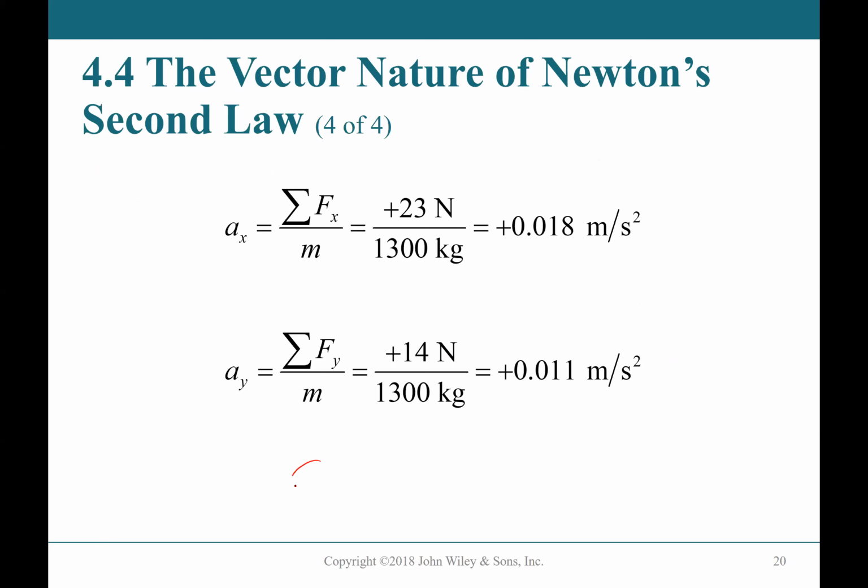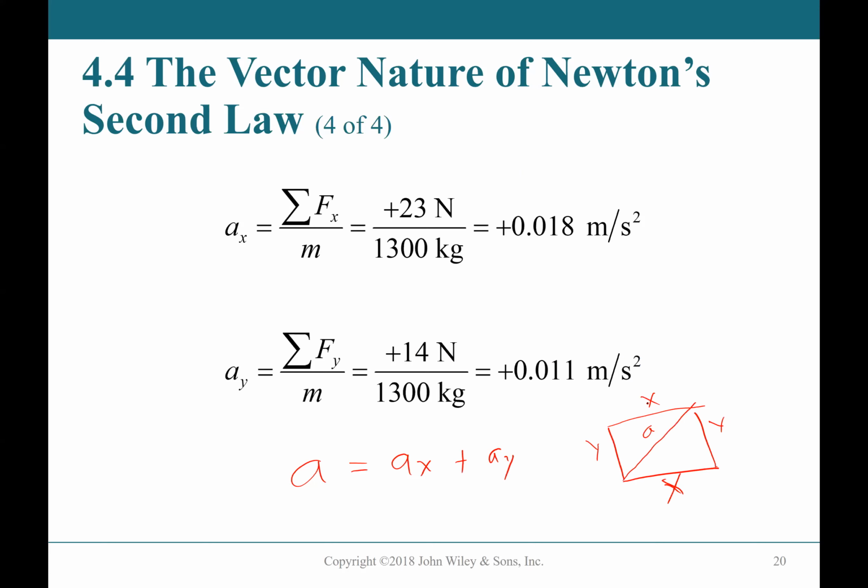The acceleration then, this is my vector A, would be AX plus AY. But we know already that I have X and I have Y. This is my Y. This is my X. So of course we know that I'm talking about this A. I can't just add them together like I would regular numbers.